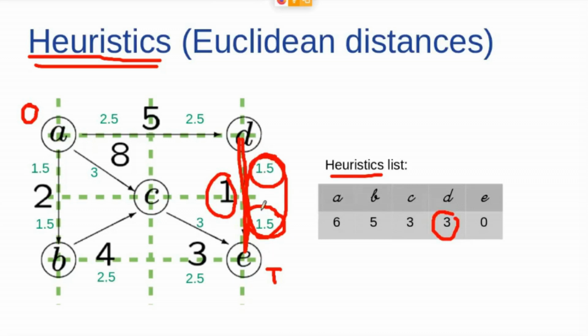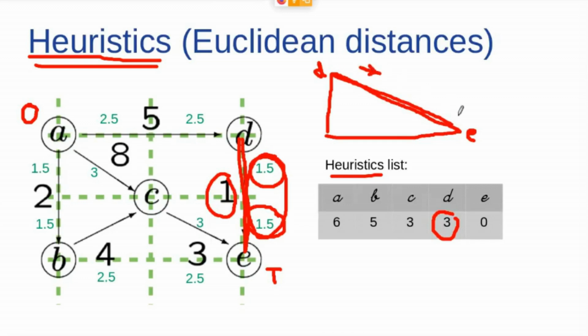But this has an explanation. Remember when we were talking about some kind of slope in the terrain? Here we have D, and here we have E, right? If you could fly, if this is an airplane and you could fly from D to E, the Euclidean distance from D to E is 3, right?